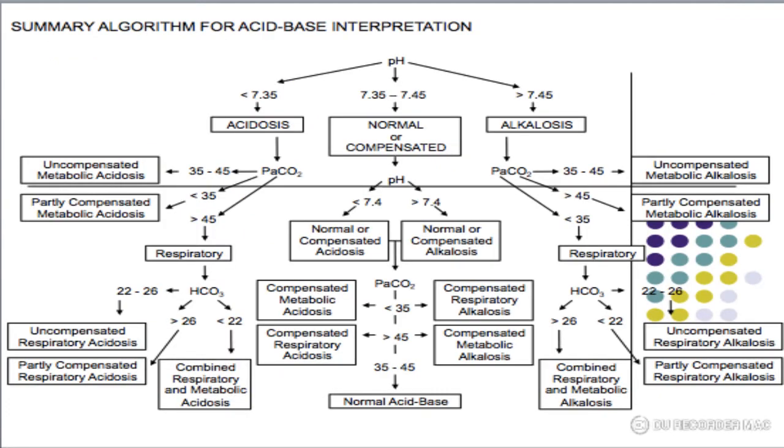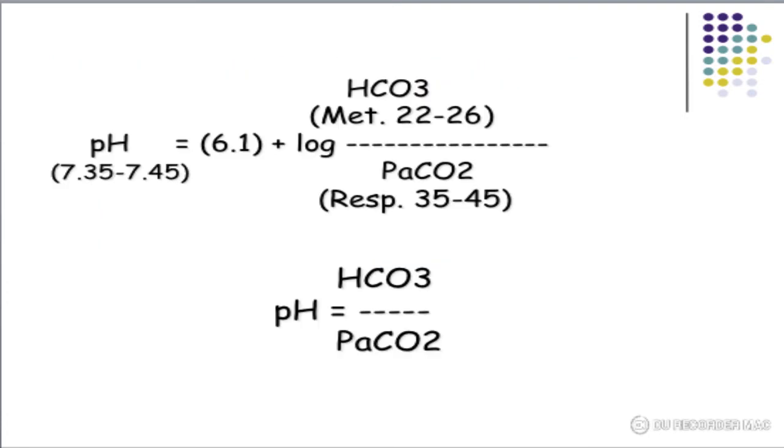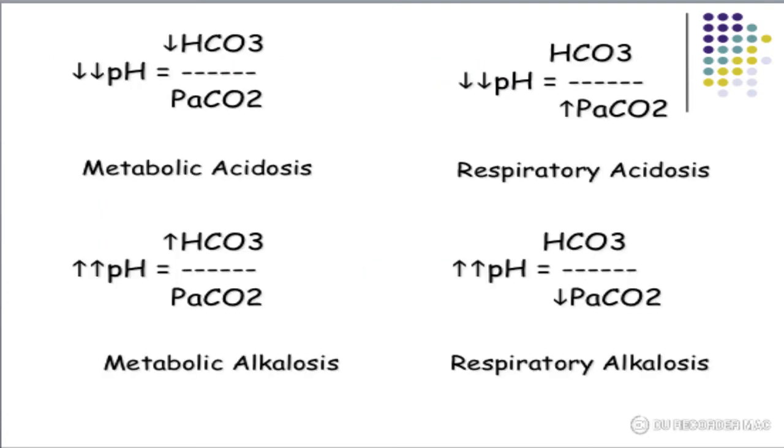So this is the algorithm for you to review the acid-base interpretation. So you need to review this algorithm during your clinical exposure in the hospital. So you also review the Henderson-Hasselbalch equation. It will be discussed deeper in your formal ABG subject.